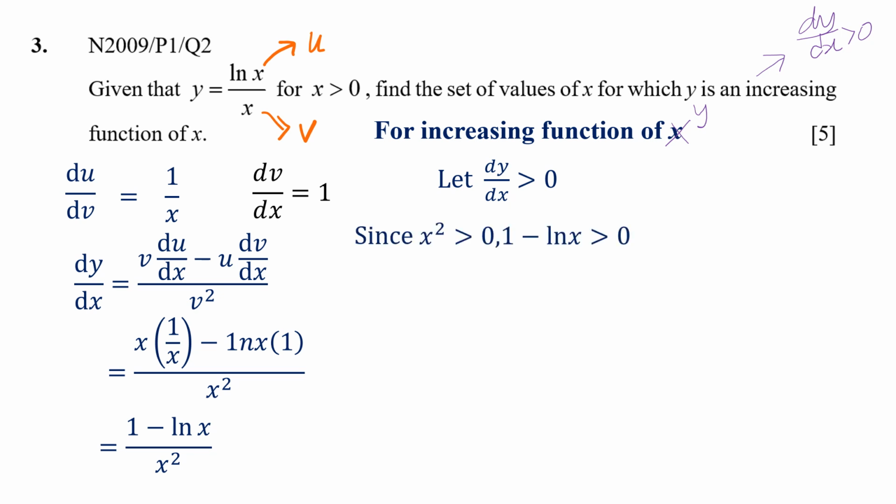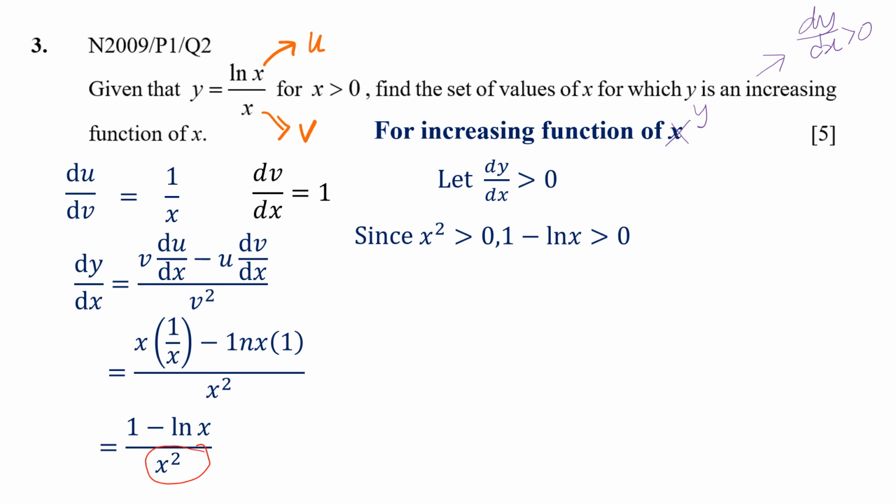Observe that the denominator is x squared, and x is more than 0, so x squared is more than 0. To get a positive value, if the denominator is positive, the numerator must also be positive. That means 1 minus ln x has to be more than 0.